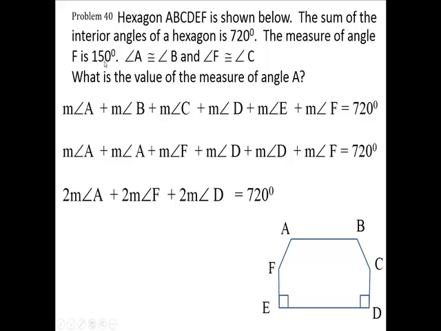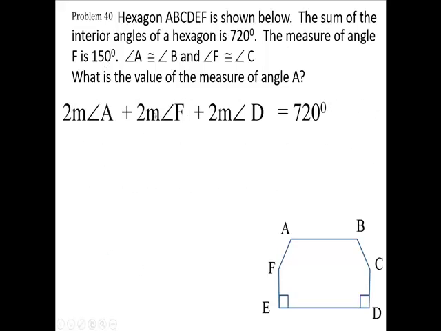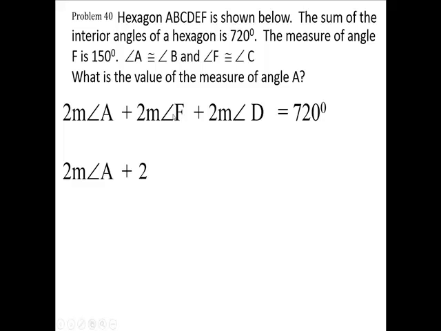Now, how big is F? If we measure F, what does it tell us? Let's copy this down and make it a little bit bigger so we can see things. In place of F, I've got 2 times the measure of F, which we said is 150. So in place of F, we put 150.